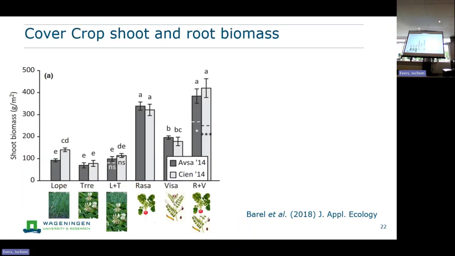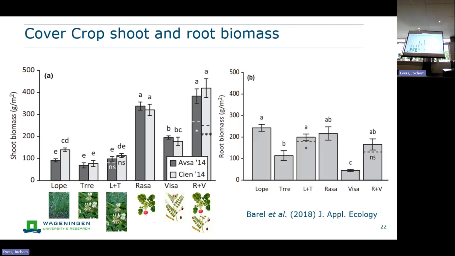Okay, if we then look at the quantity and quality of these cover crops that went into the soil, leading to effects on these main crops, what we see here on the one hand is the shoot biomass, so the aboveground biomass of the grass, the white clover, grass-clover, radish-veg, even in relation to the previous main crop. We can see a clear winner, radish-veg, in terms of total aboveground biomass.